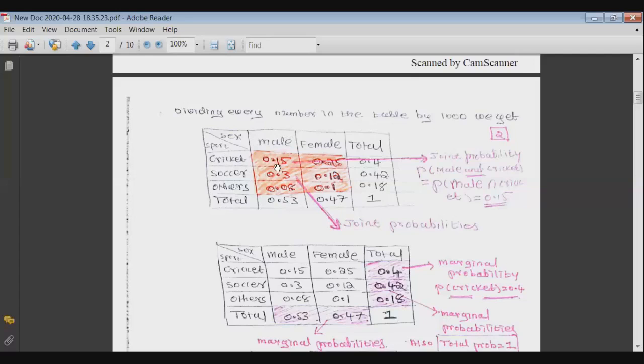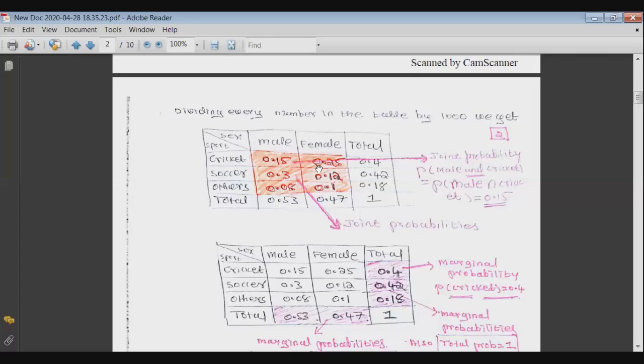And this 0.15 represents the probability that the individual is a male whose favorite sport is cricket. That's why this is called a joint probability: the probability that the individual is a male and whose favorite sport is cricket. So it is equal to the probability of male and cricket, and that equals 0.15.